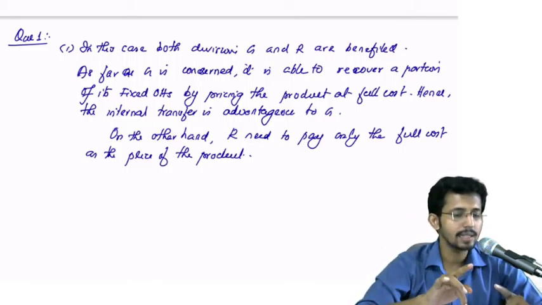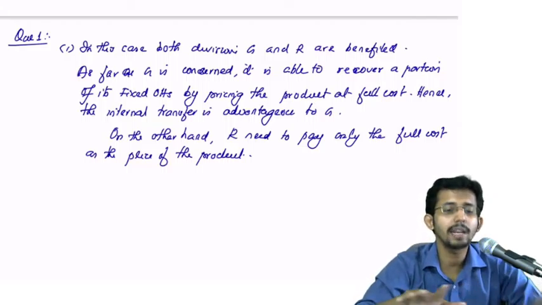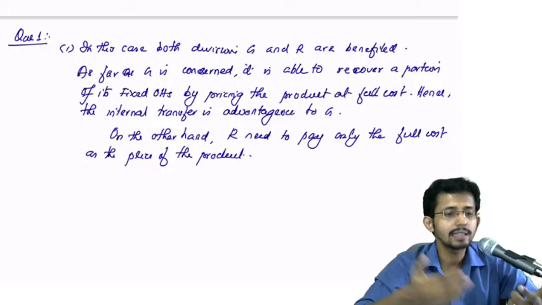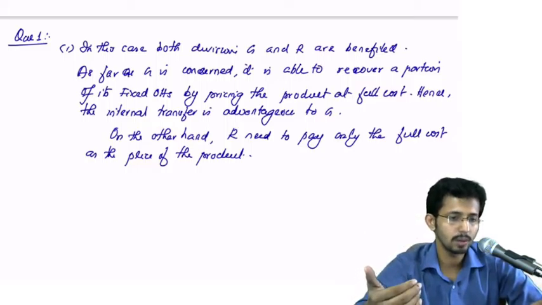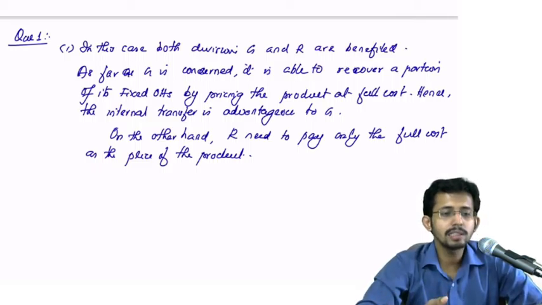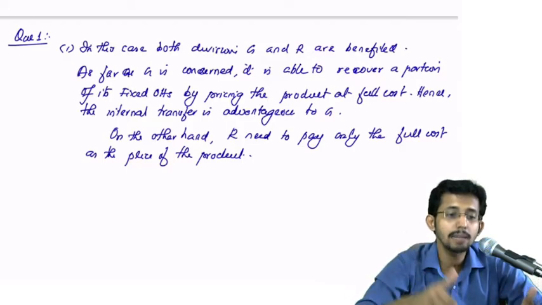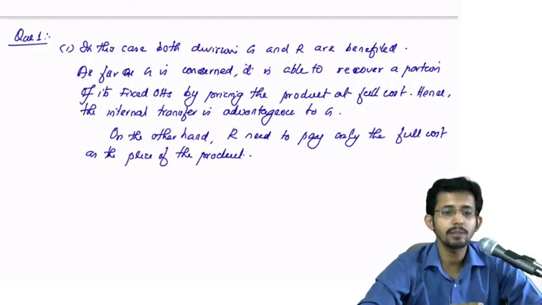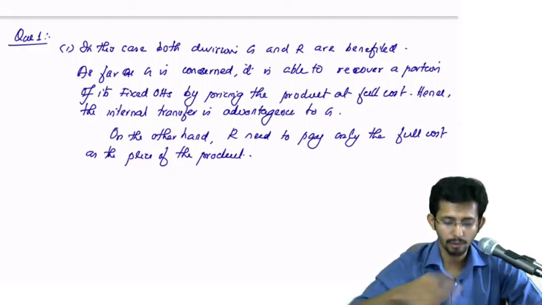Whereas as far as R is concerned, they are not benefited due to internal transfer, because they are getting the product at the same transfer price which is equal to the market price. If not for this internal transfer, R would have purchased this product from the market at the same rate itself. So there is no benefit for division R, but division G is benefited because they are getting more profit.